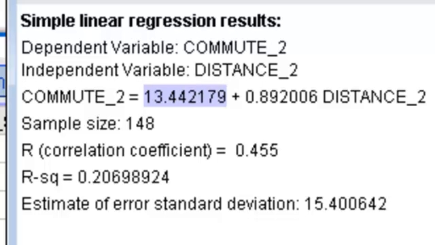And so finally, we'll consider the slope coefficient, equal to 0.89 in our model. The slope indicates the average change predicted in the y variable for a 1 unit change in the x variable.